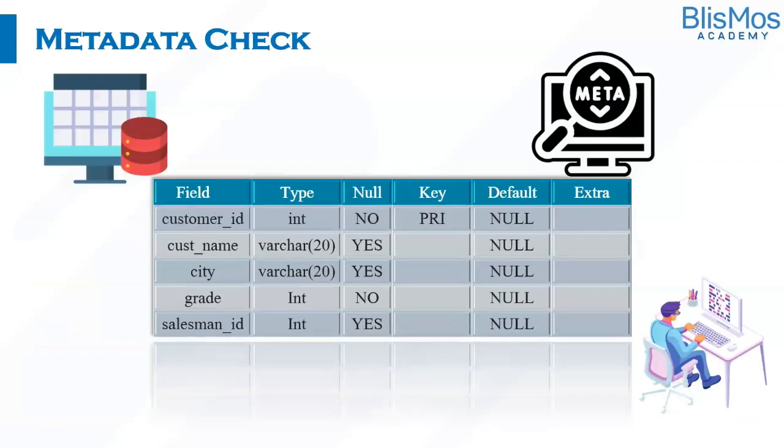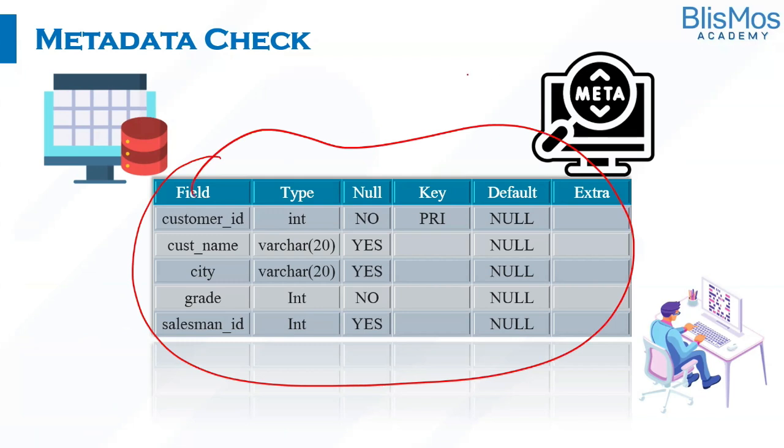In metadata check, this is one of the examples of metadata. This is a metadata of a table called customer. For a customer, we have customer ID as a field, which is nothing but a column name, customer name, city, grade, and sales.